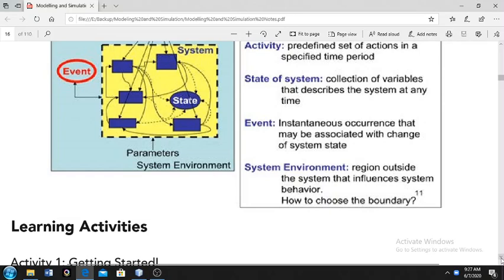Now, another example is if we were in a physical class, or even if it is an online class, it's still a system, because if you don't attend system modeling and simulation, you are outside our system. You get that?